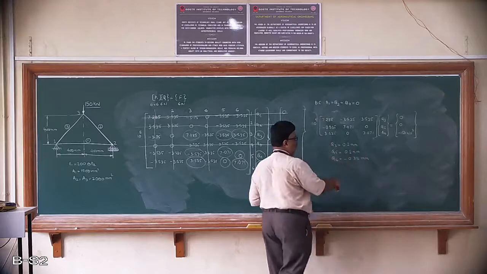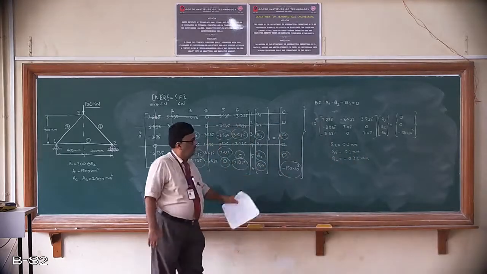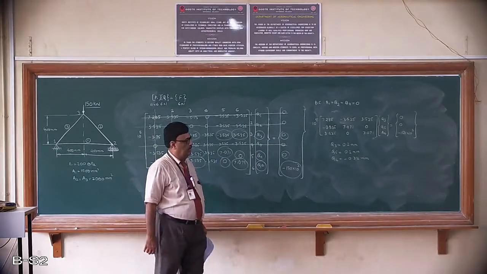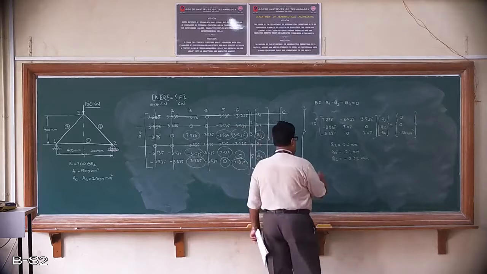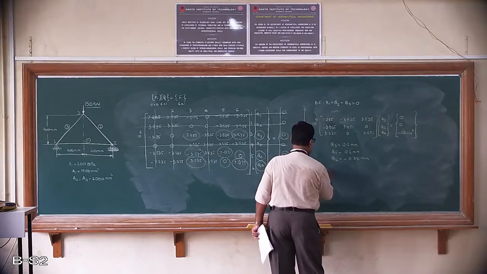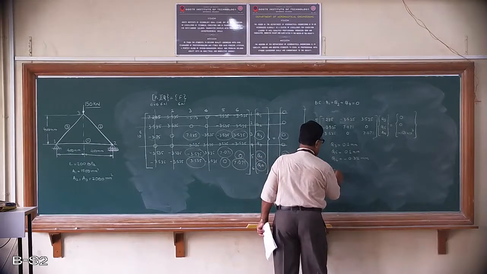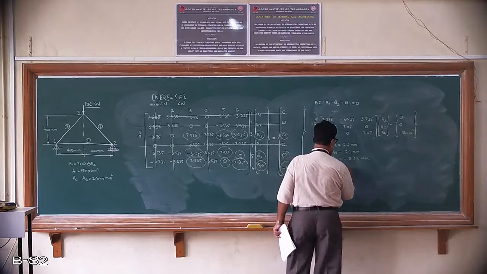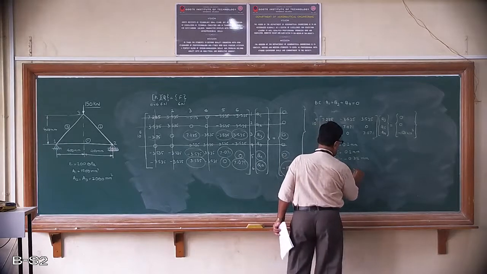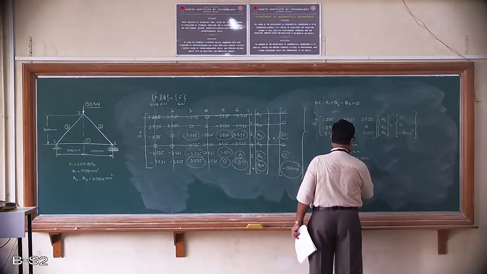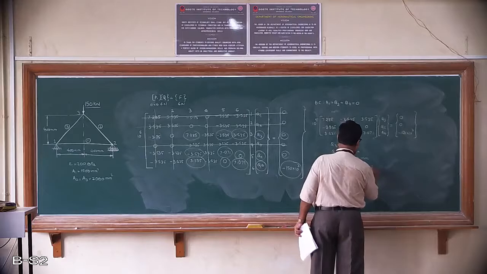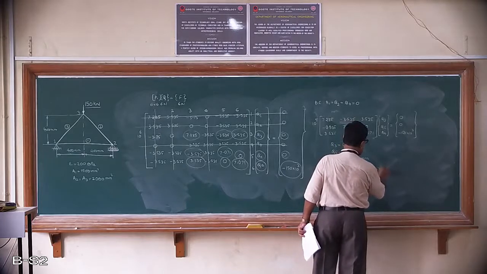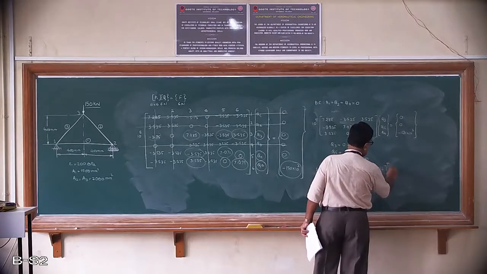See, this is how you are going to get the nodal displacements. So therefore, the total global nodal displacement is going to be 0, 0, Q3 is 0.2, Q4 is 0, Q5 is 0.1, and Q6 is 0.312, transpose, in mm.